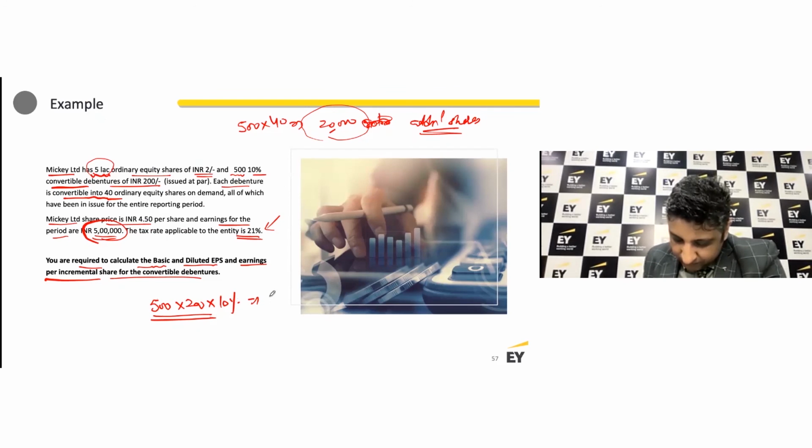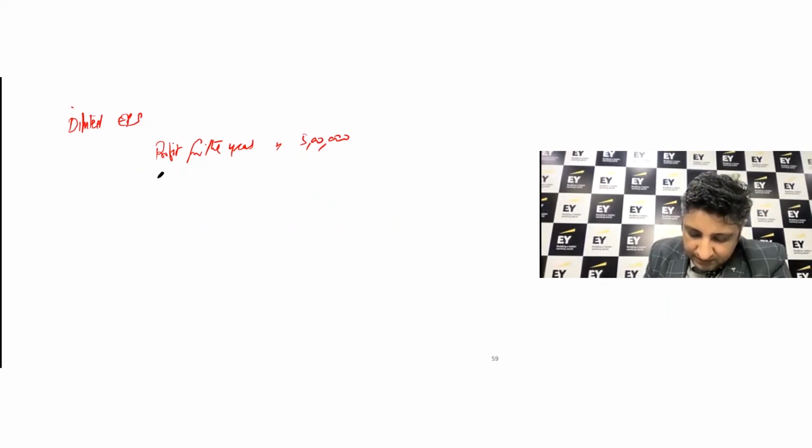That makes it, of course, 10,000, right? So effectively, on 1 lakh worth of debentures, we are paying an interest of 10,000, which means that we're looking at interest saving, which is 10,000.